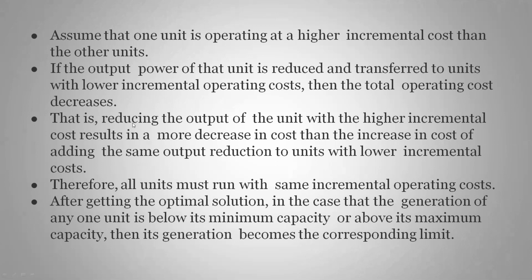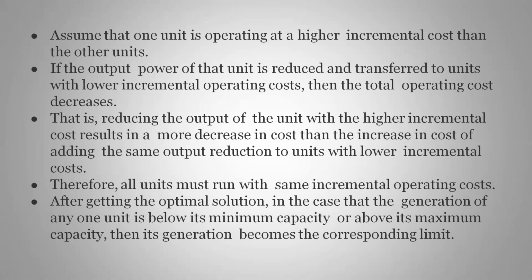That is, reducing the output of the unit with the higher incremental cost results in a greater decrease in cost than the increase in cost of adding the same output to units with the lower incremental cost. Therefore all units must run with the same incremental operating cost.